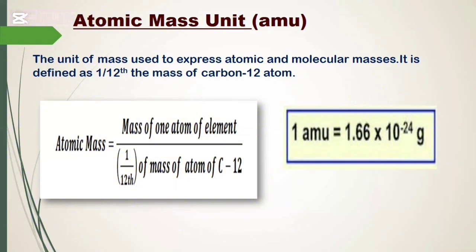With his discoveries, he later gave a constant which represents the mass of one atomic mass unit as 1.66 times 10 to the power minus 24 grams. This 1.66 value was given by the scientist, and we consider it a universal constant.